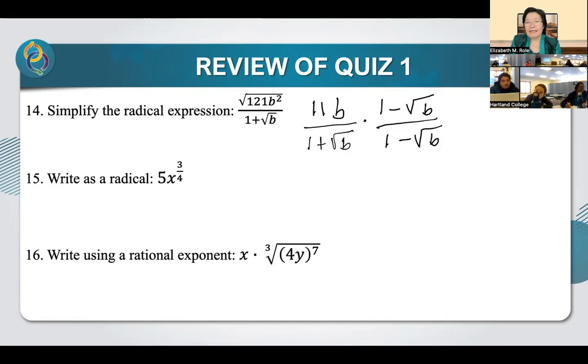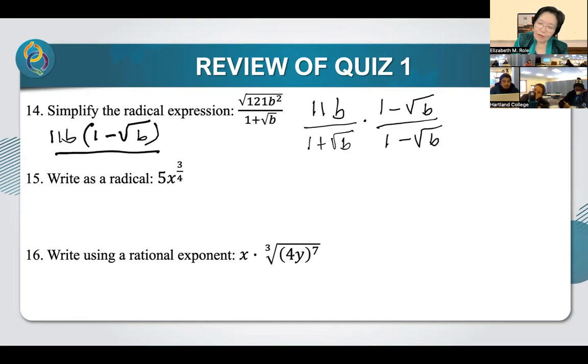It should be the opposite sign, which we have seen in our factoring the other time. You remember that if you have a difference of two squares, then you'll have a positive and then a negative.